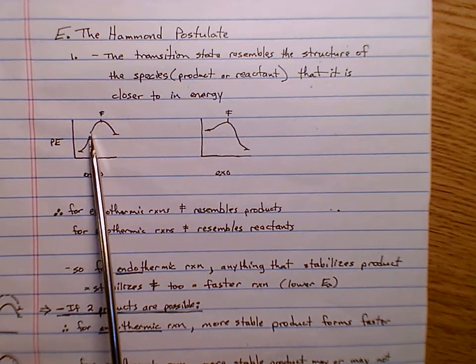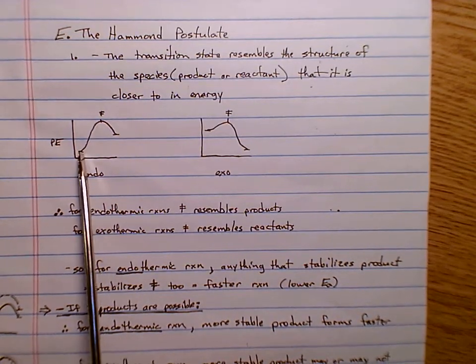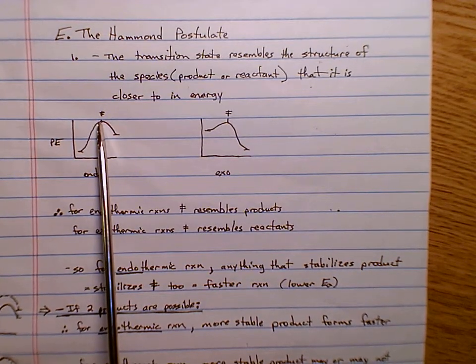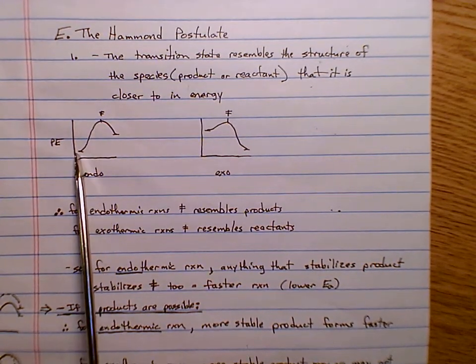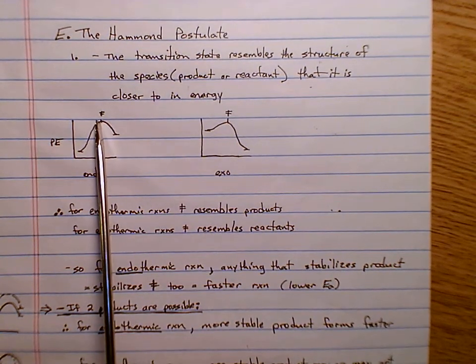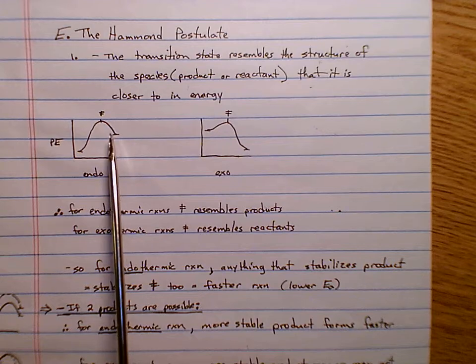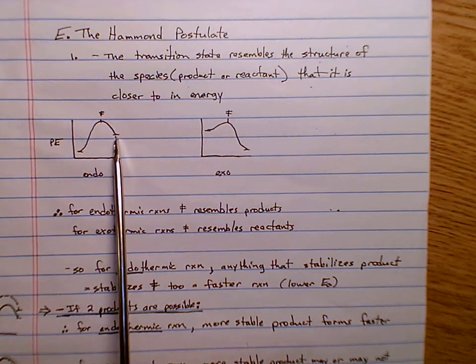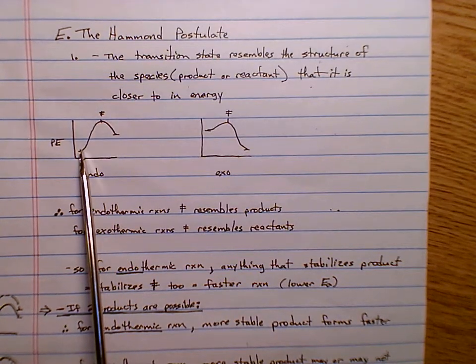Here we have an endothermic reaction. Here's our transition state. Does a transition state resemble the products, or does it resemble the reactants? Hammond says the energy of the transition state is closer to the energy of the products. Therefore, physically, the transition state looks much more like the product than the reactant.